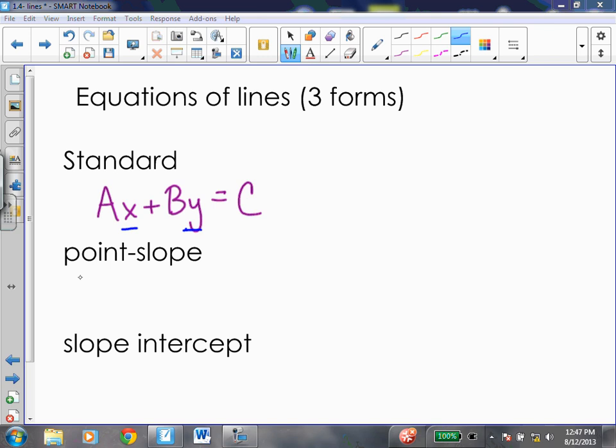The next form that we have is point-slope form. That is expressed y minus y1 equals m times x minus x1, where x1 and y1 represent values of a point, and m is the slope.